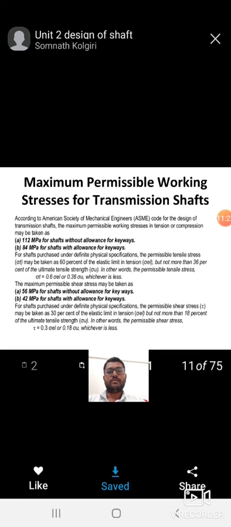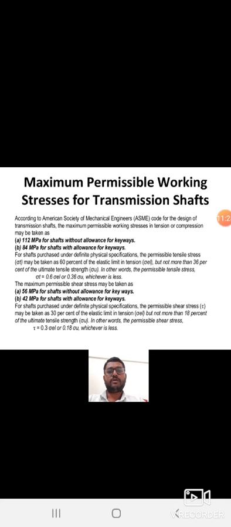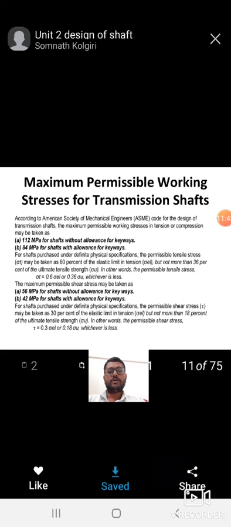The maximum permissible shear stress may be taken as 56 megapascal for shafts without allowance for keyways, and 42 megapascal for shafts with allowance for keyways. For shafts purchased under definite physical specification, the permissible shear stress may be taken as 30% of the elastic limit in tension but not more than 18% of the ultimate tensile strength.